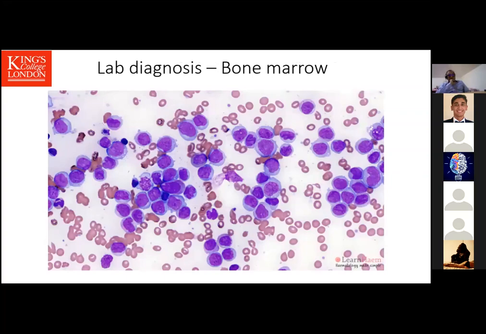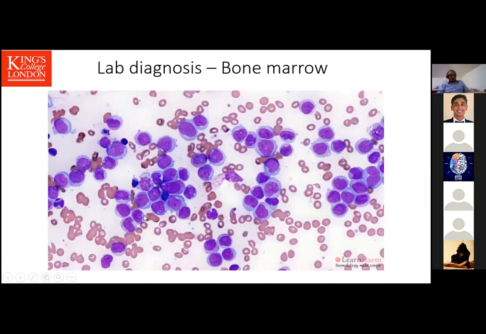We found that the bone marrow is largely replaced by these abnormal cells, called mononuclear cells, and they are quite monotonous. We can't see any normal myeloid series. You have got red cells in the background, that's fine.